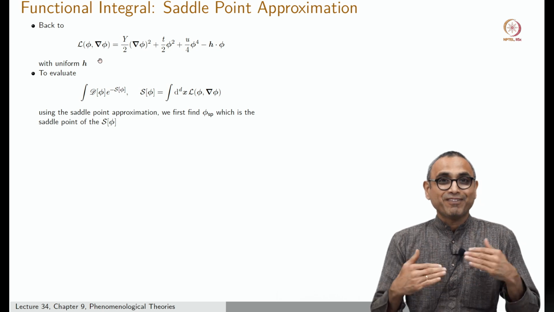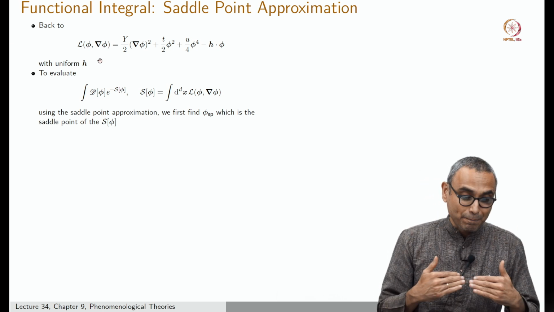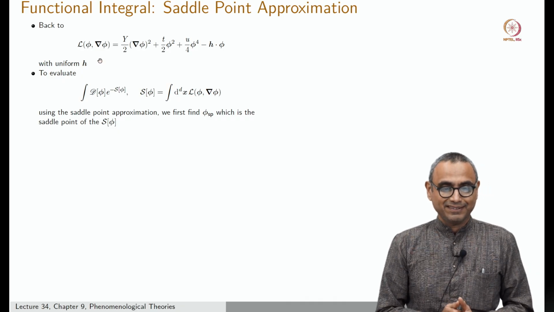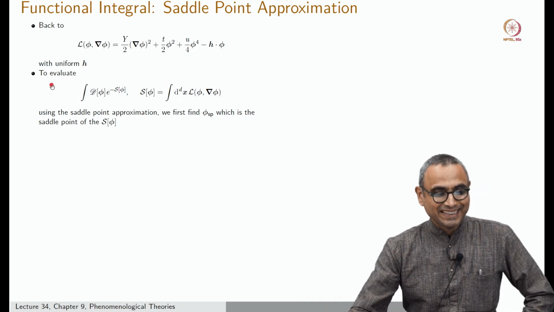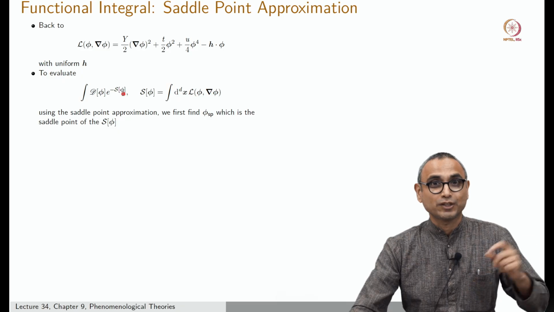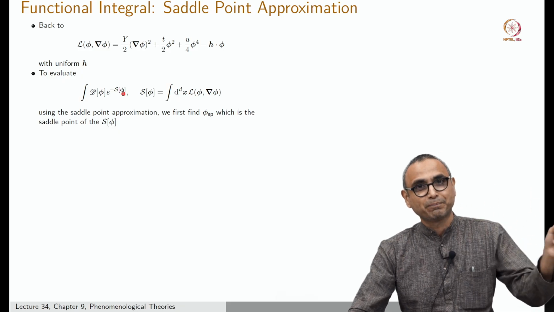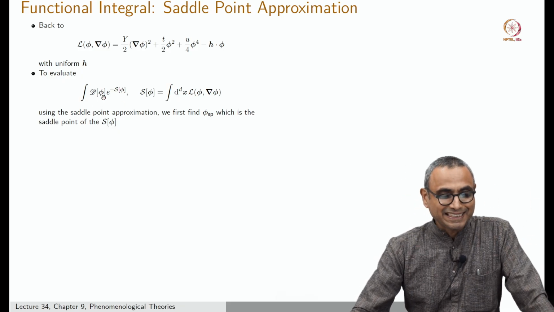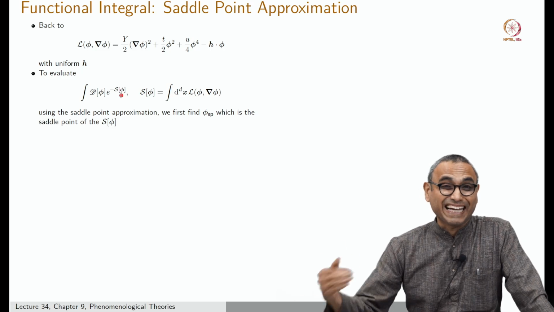Now I'm going to evaluate this using the saddle point approximation. So the idea is, this is an integral over the space of functions of e to the minus S of phi. If you want to connect to the previous slide, think of this as dx and this is G of x.